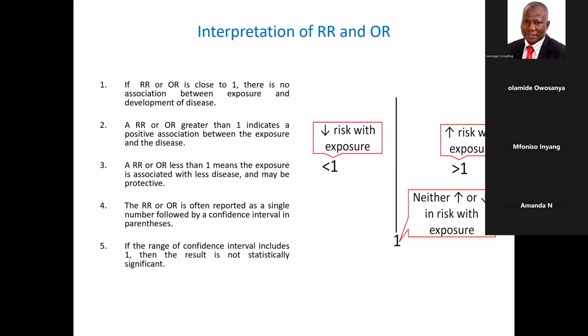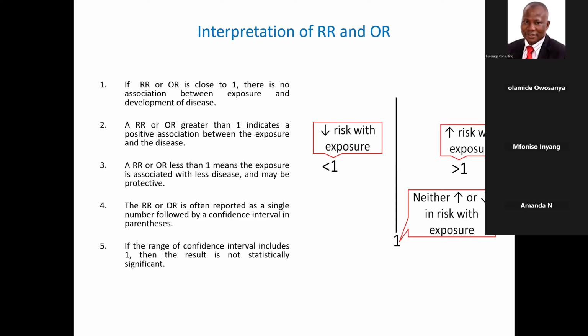So can you see that the interpretation of the confidence interval for relative risk and odds ratio is quite different from that of the difference between means. The confidence interval of the difference between means matters when it crosses 0. When you subtract two things that are the same, it gives you 0.